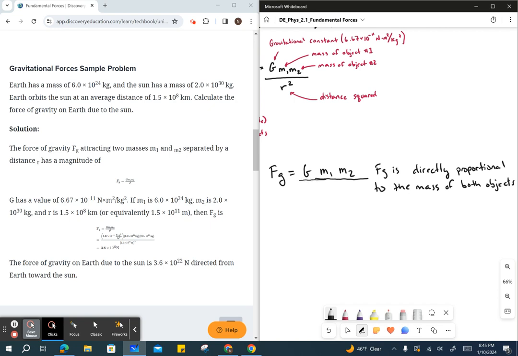But the denominator is a different story. The distance is in the denominator. These values are in the numerator position. And remembering back to your math classes, the value down here, r squared, is in the denominator. This is a fraction, right?